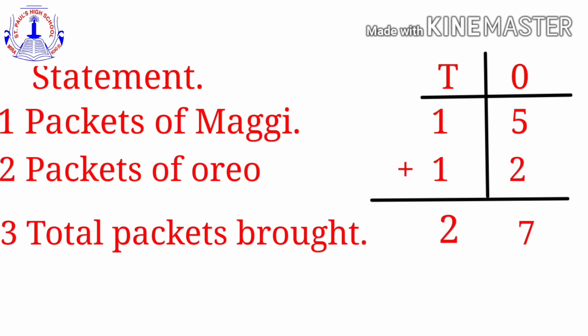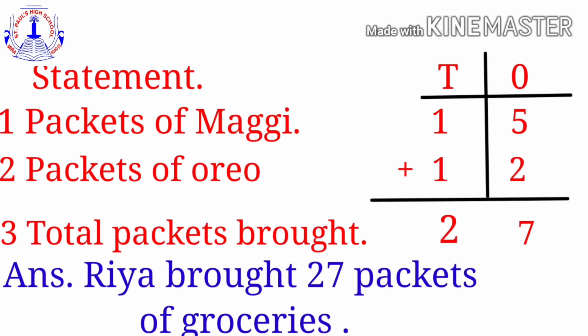Very good. Students, in a word problem we need to write the last statement. It is very important to write the last statement. So what are we going to write in the last statement? We will write that Ria brought 27 packets of groceries. So, understood how we did this word problem? Very easy, right? Yes.